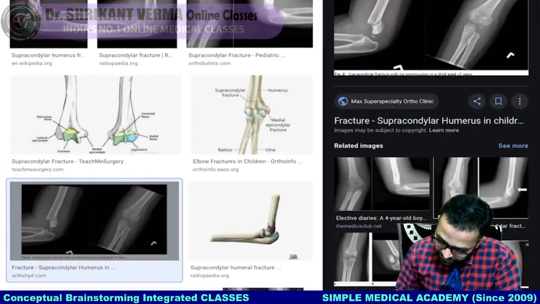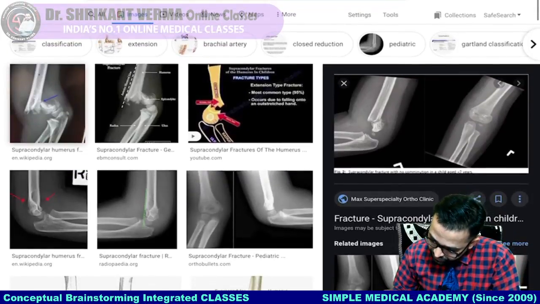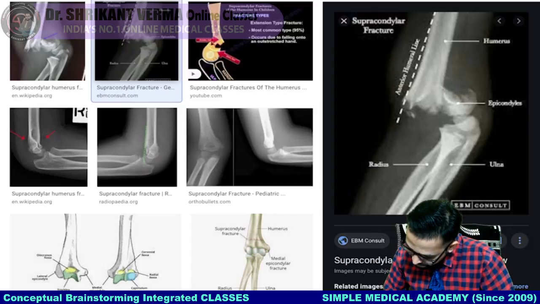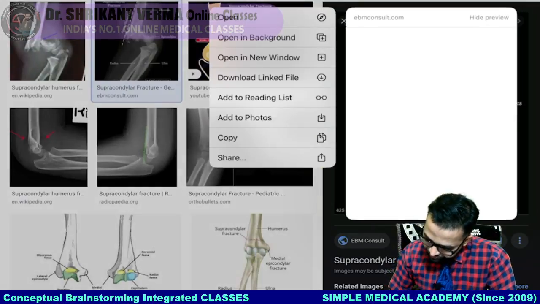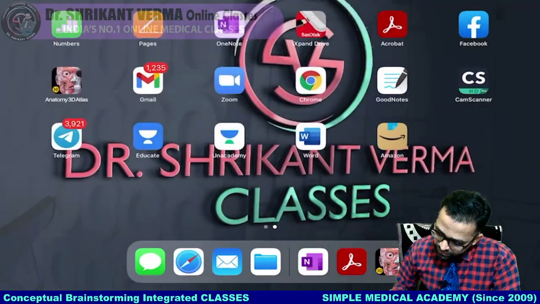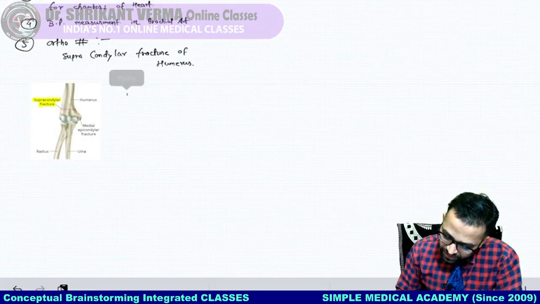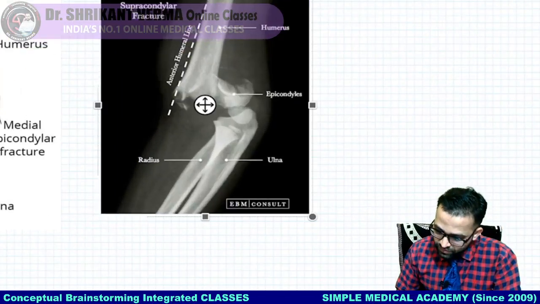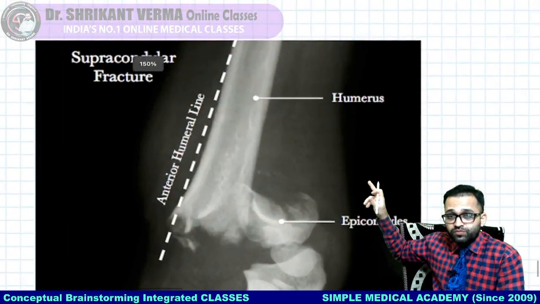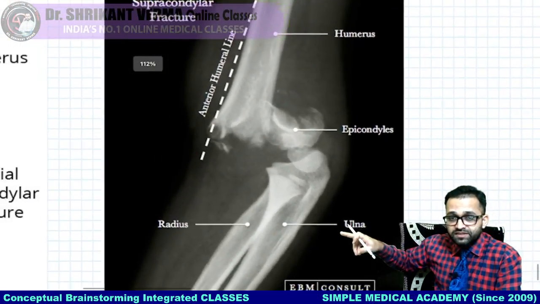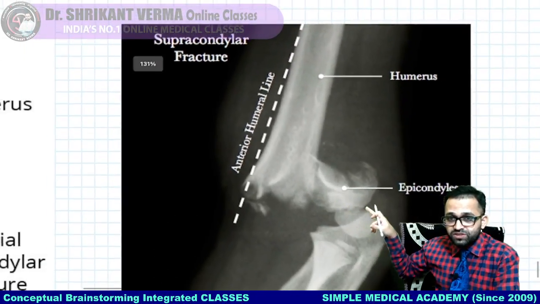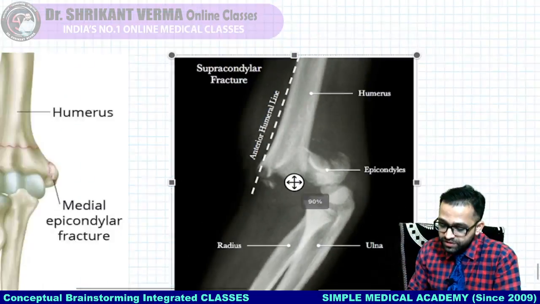So here is the x-ray for all of you. The anatomy of this elbow region is disturbed here. Just look here. Humerus, these are the radius and ulna, and here is the site of the fracture. So totally the cubital fossa anatomy is disturbed.